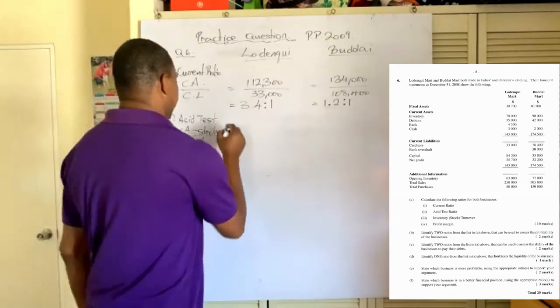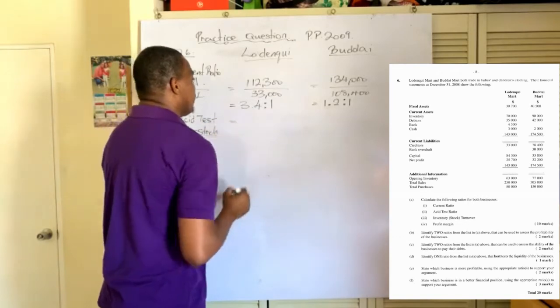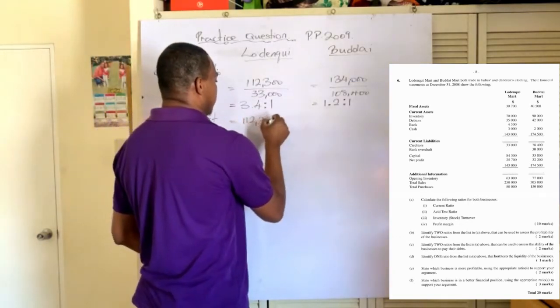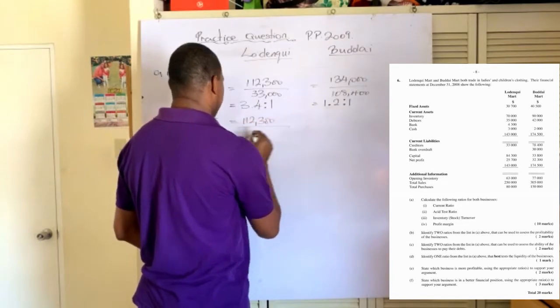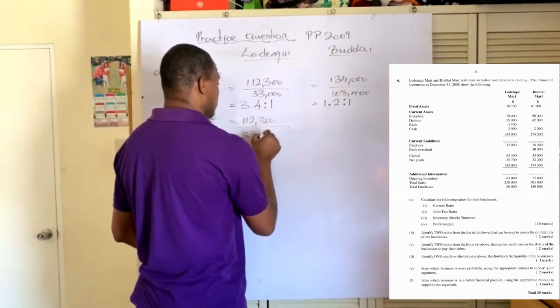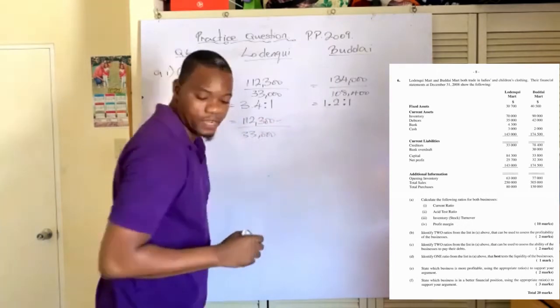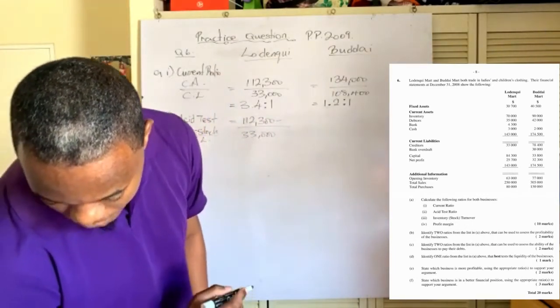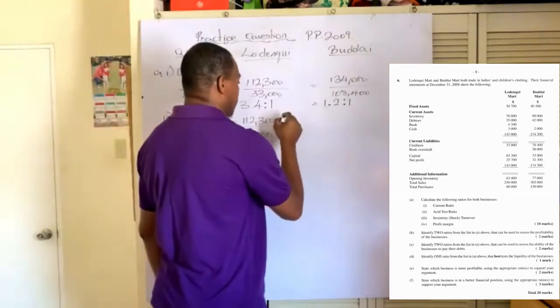So for Lodenki, it is 112,300 minus the closing stock, which is 70,000, divided by 33,000.